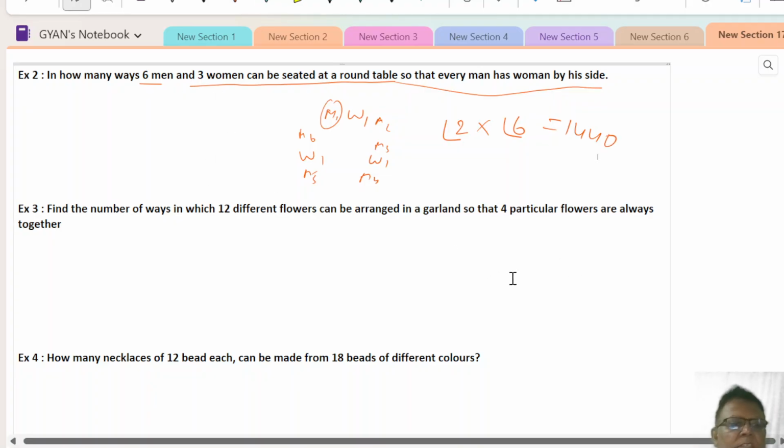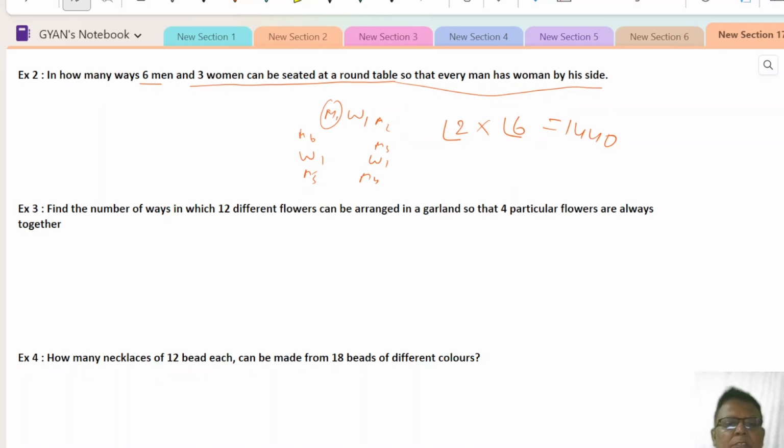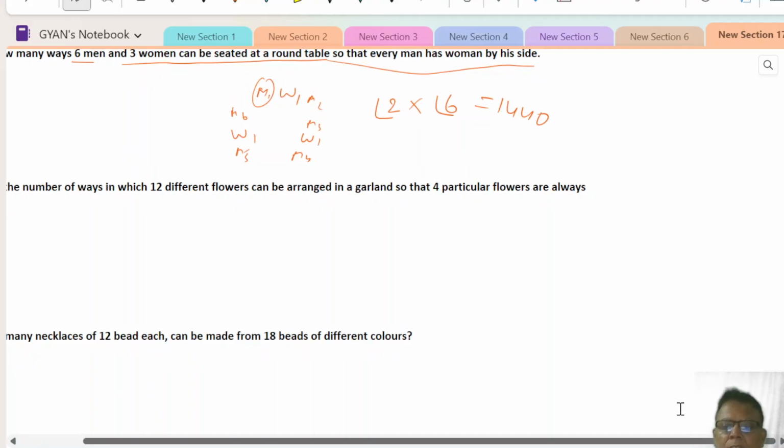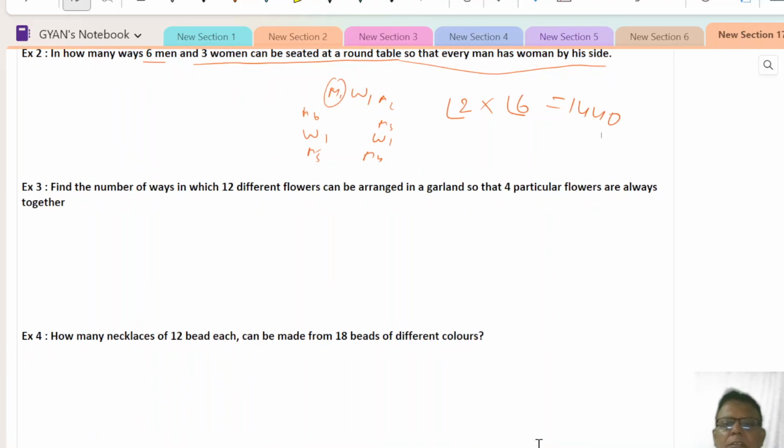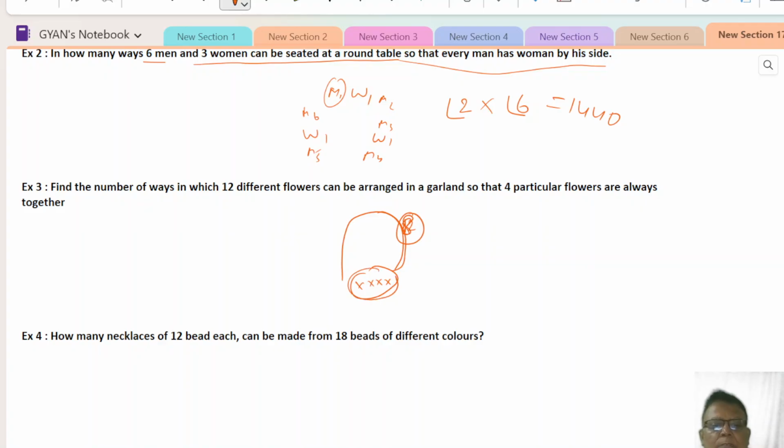Now come to the next question. Find the number of ways to make a garland of 12 different flowers and 4 that are the same. The 4 are same: 1, 2, 3, 4. And 8 different flowers are there. So first you fix this one, in how many ways?